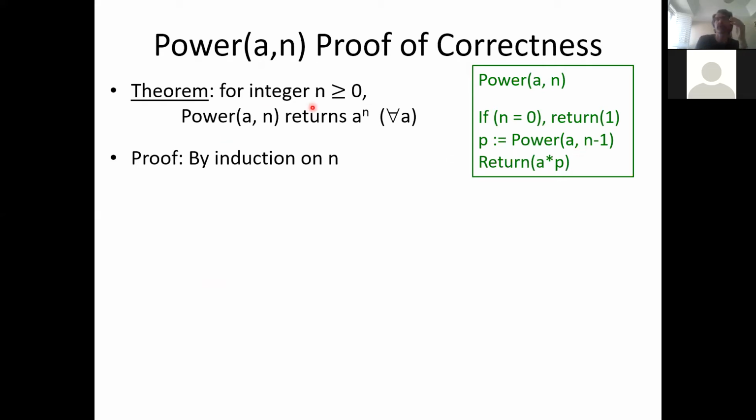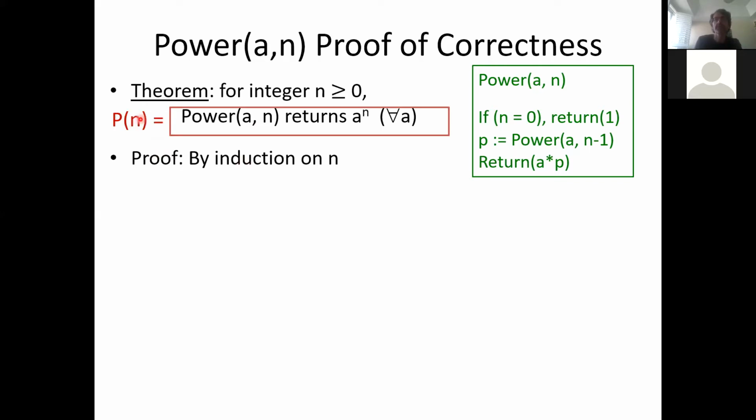Here's the claim. For any integer n, this algorithm returns the correct exponentiation, regardless of the base. Indeed, the base is constant throughout. If it starts on any a, it's going to call with the same base a, so you can treat it as a constant. And the proof is by induction.